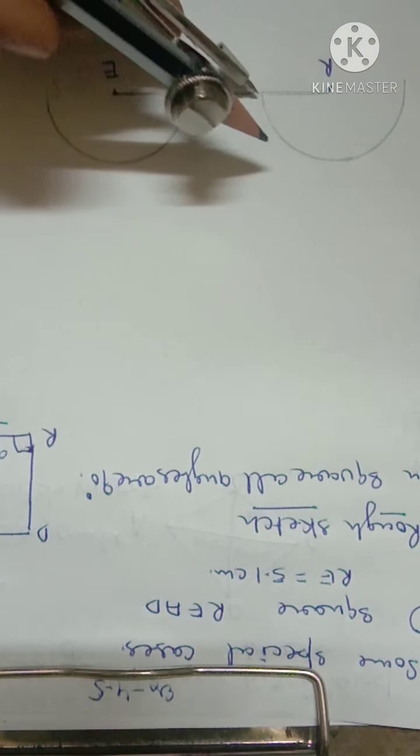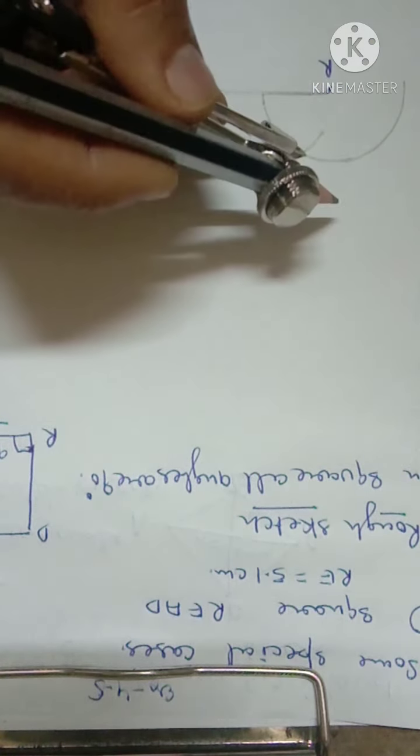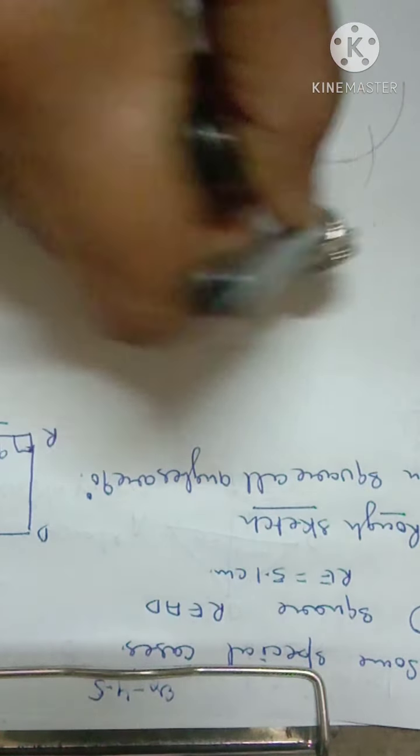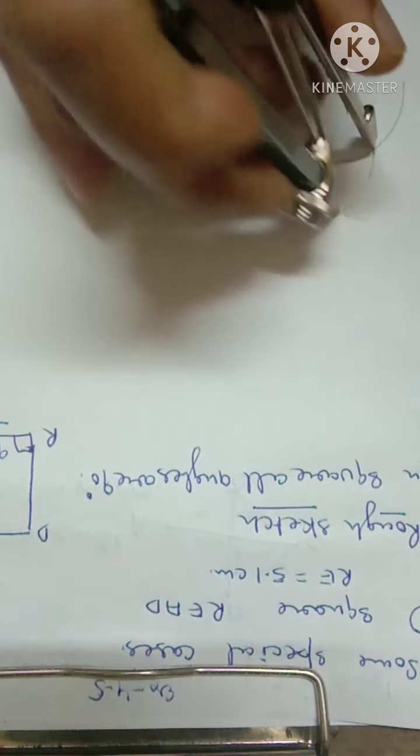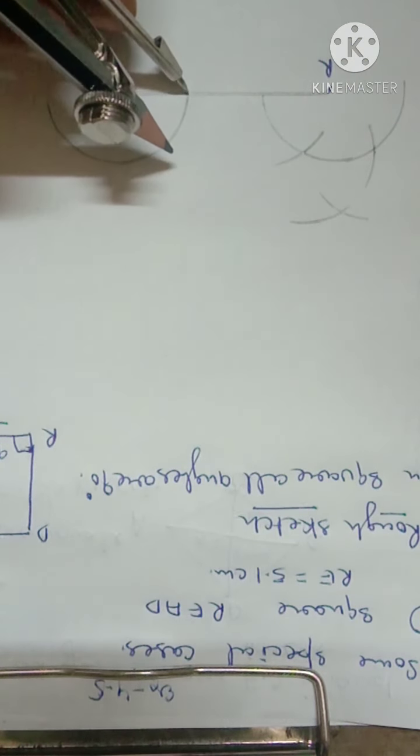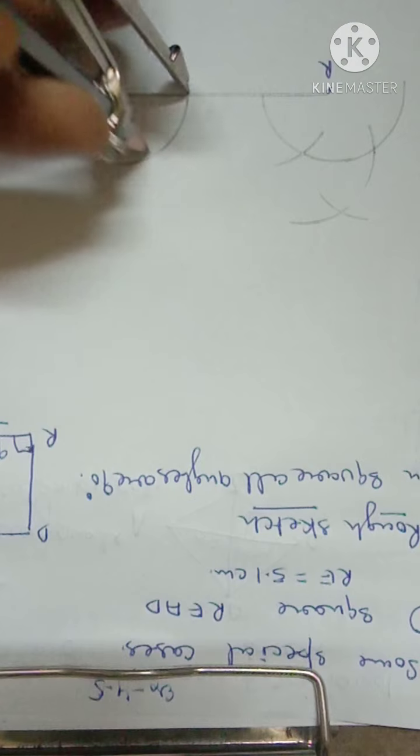With the help of a compass, here 60. Then how will we draw a 90-degree angle? With the bisection of 60 and 120.